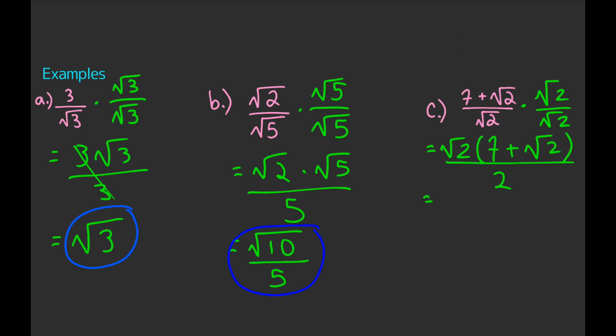So that's going to leave us with 7 times the square root of 2 plus the square root of 2 and the square root of 2 are going to cancel out. So it'll leave us with 2 over 2. And we can simplify this a little more by separating the fraction. So we'll have 7 square root of 2 over 2 plus 1. And that is our final answer.